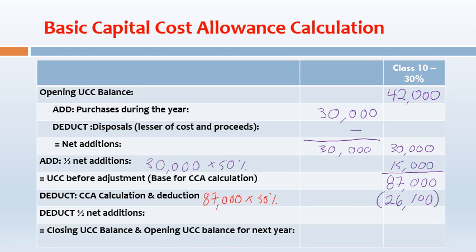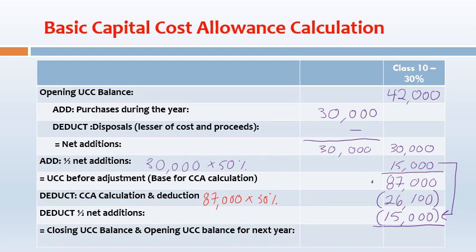I then need to deduct the amount that I added in earlier, which was 15 grand. That's got to get out of there. It was only put in there temporarily. So now I've got 87,000, which is my UCC before CCA.